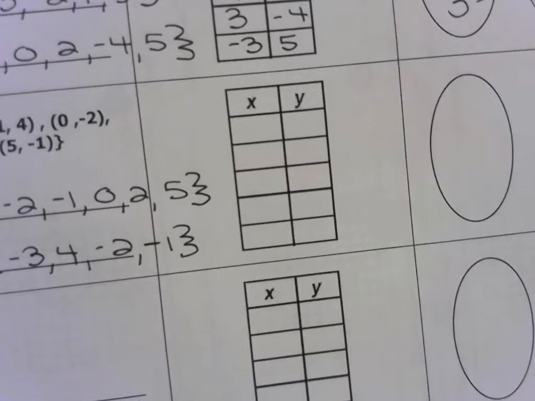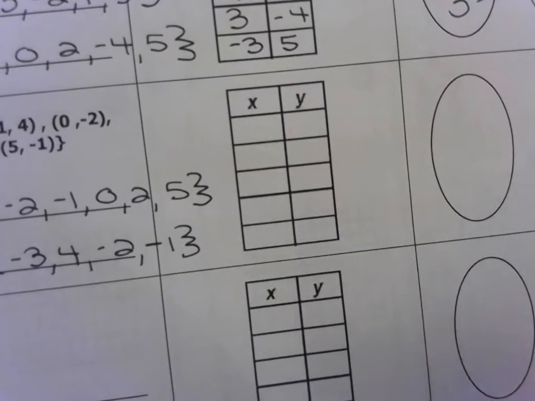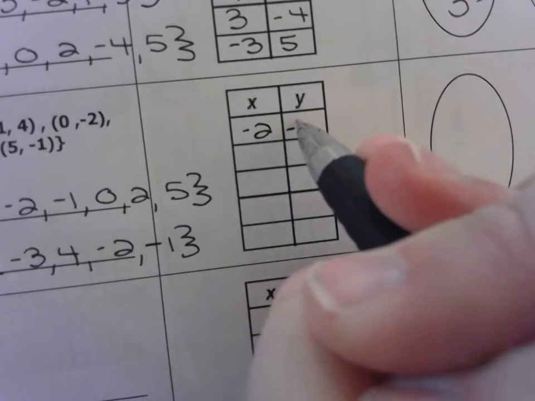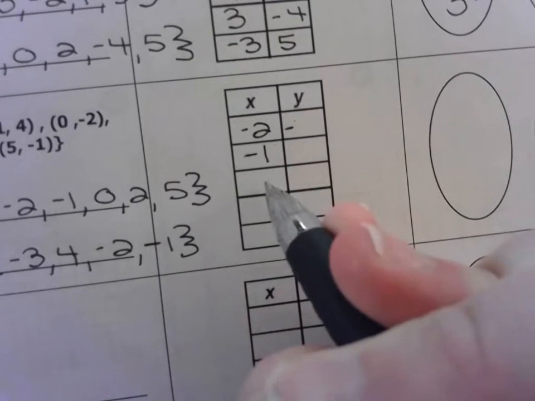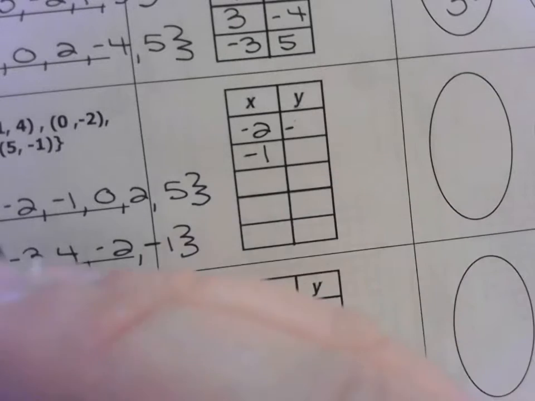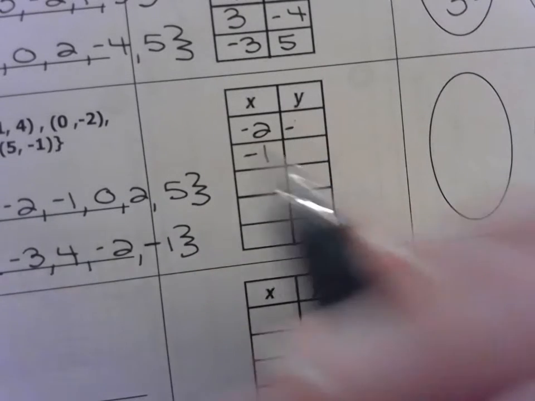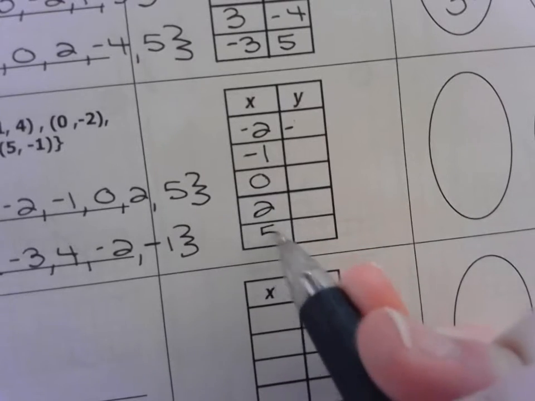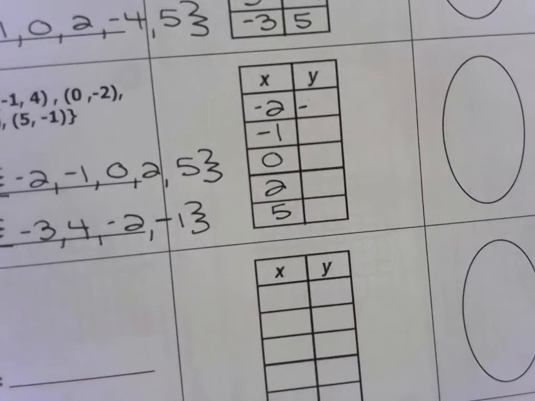Table. If I make a table, what will my table look like? X: -2, -1, 0, 2, 5. I don't care if you go from left to right or if you do all your x's first.